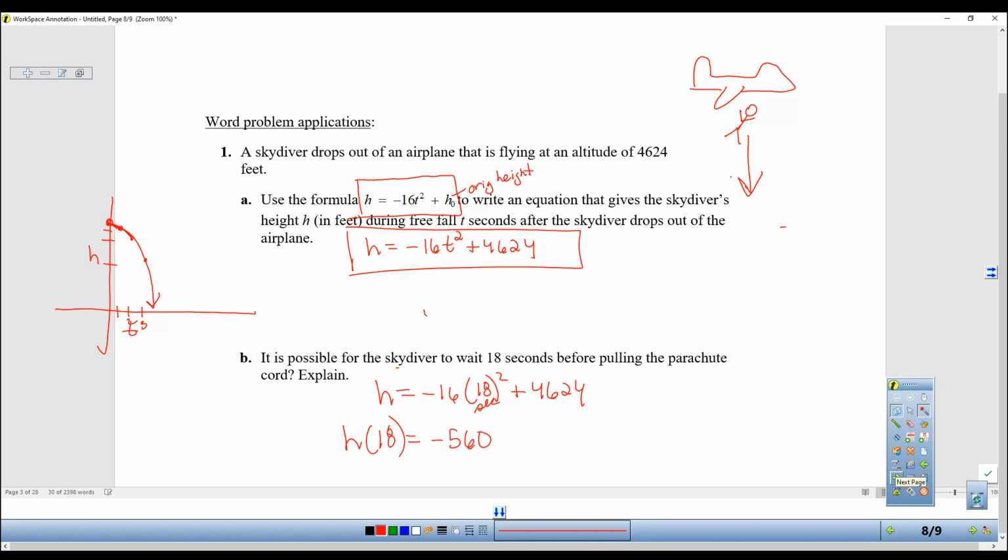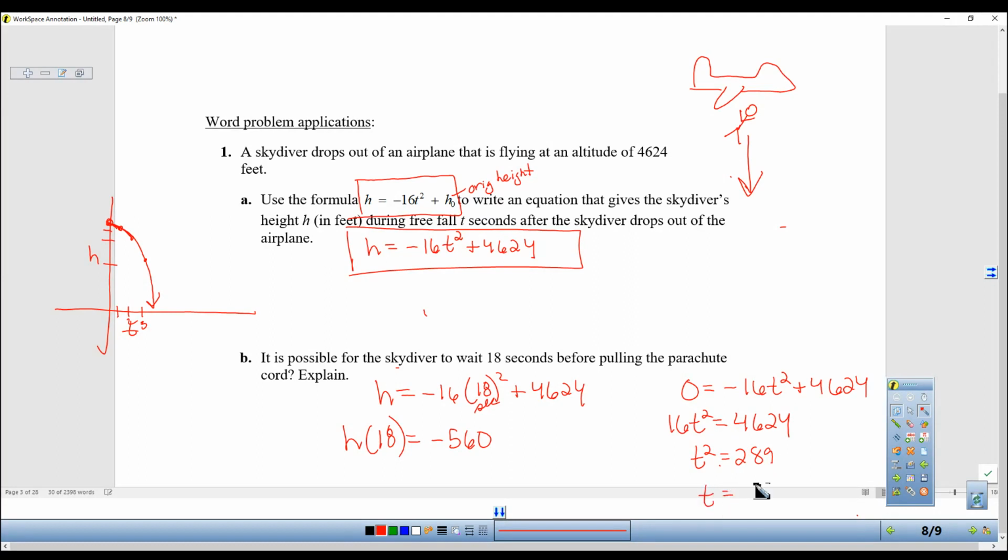What if you want to know how many seconds until he hits the ground? You could answer that question by saying 0 is equal to -16t squared plus 4,624. So in case that was your thought for doing it, let me find out when he hits the ground, then you would have had 16t squared is equal to 4,624, which is t squared is equal to 289.